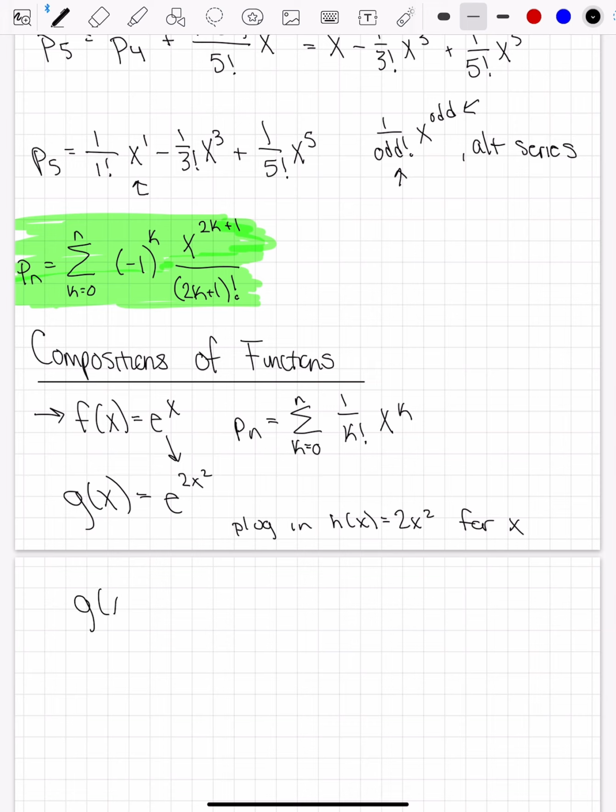So g of x is just f with h of x plugged in. And so I would take that polynomial, and in the same way that I replace the x with h of x in the function, I would just do that in the series as well. So I would know already that the polynomial for that function is the sum of 1 over k factorial times 2x squared to the k.